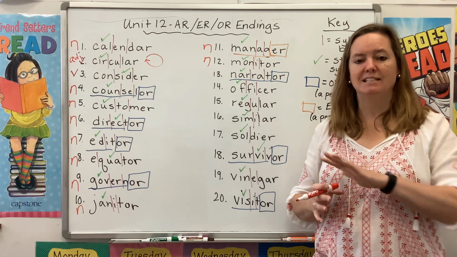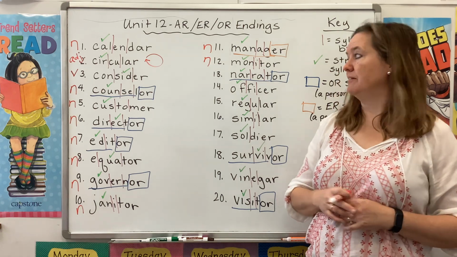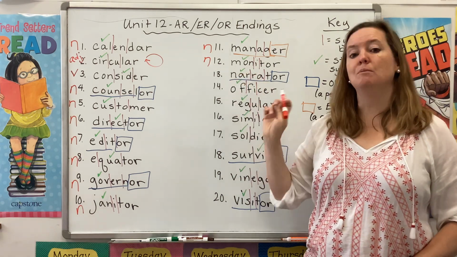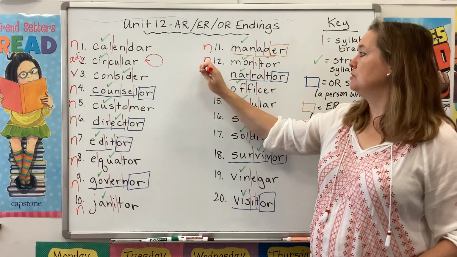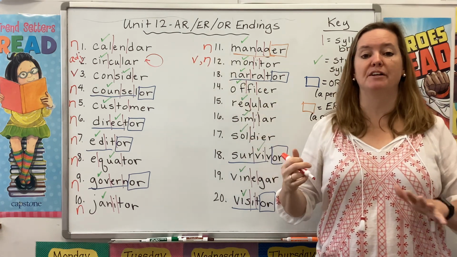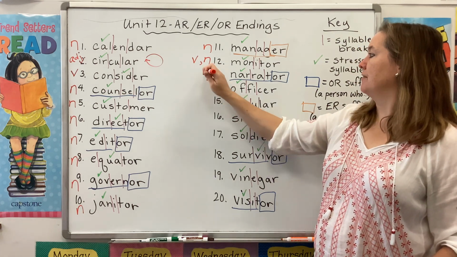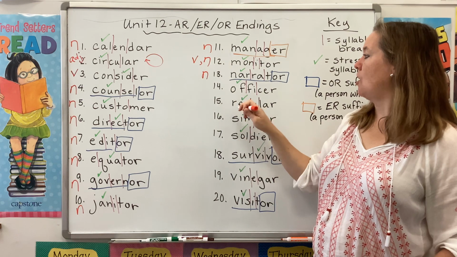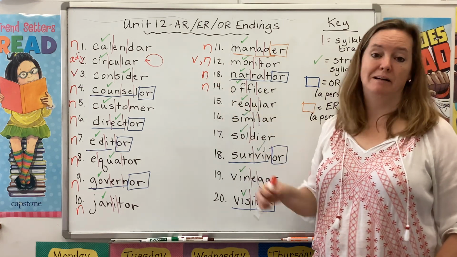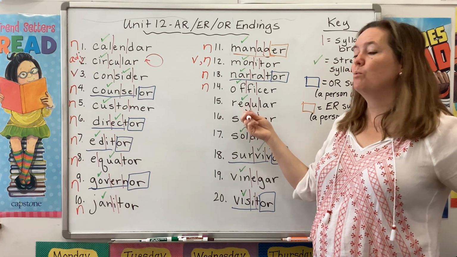Someone who sits in the front seat and monitors the kids and just makes sure that they're sitting safely. So a monitor can be a person, but it can also be a verb, right? Because it's the job of the monitor to monitor things. They keep an eye on stuff. Narrator, that's a noun. Officer, like a police officer or an officer of the court, that's a noun.